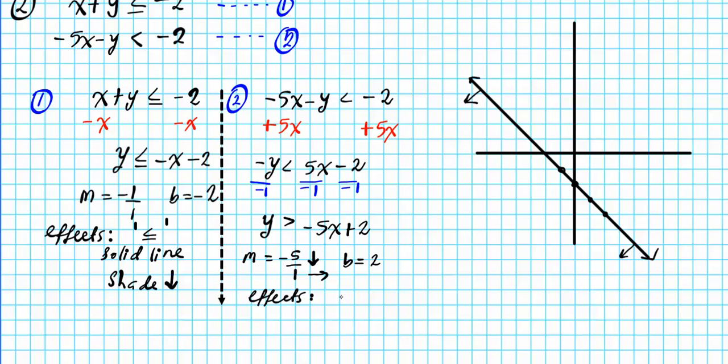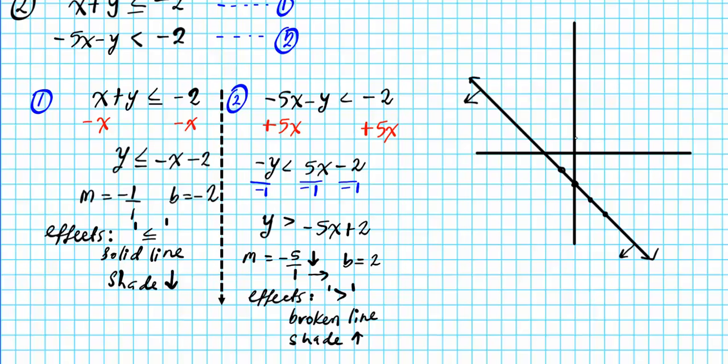So since it's greater than, it's got switched around. Our inequality is greater than now. So it's going to be a broken line. Why is it broken? Because we do not have a line underneath the inequality, and the direction of our shade will be upwards.